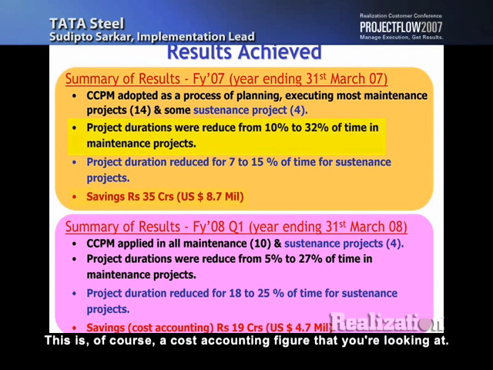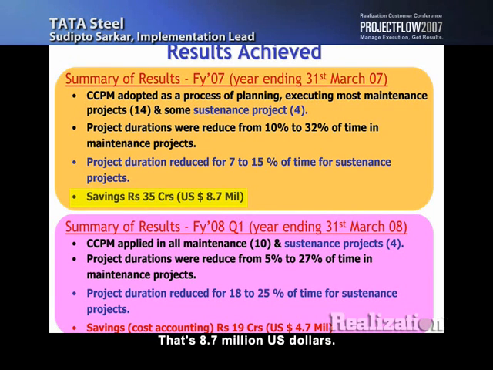This is, of course, a cost accounting figure that you're looking at: $8.7 million US. In terms of long duration projects, this year in Q1 itself, we did this much with 5 to 27%. This 5% is basically because last year we had applied CCPM, and further on that we had a shorter duration on some of the same projects. About $4.7 million till now.